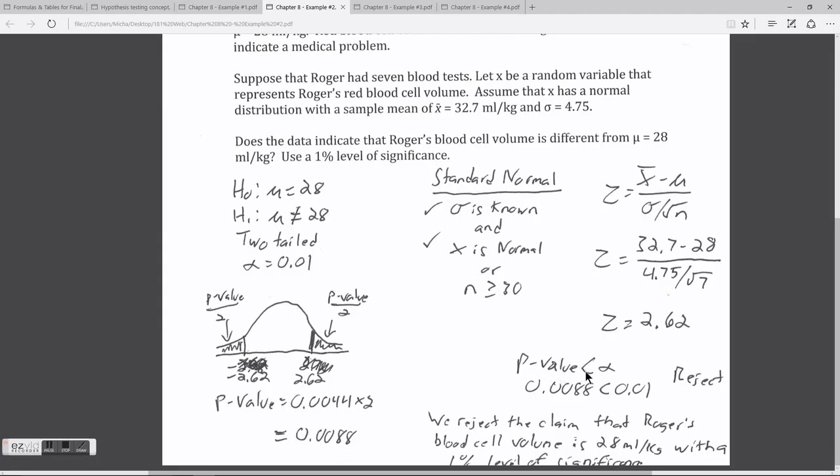Since that p-value is less than the level of significance I set at the beginning of the test, I'm going to reject the null hypothesis. There's less than a 1% chance I would be wrong in making that conclusion. I'm rejecting the claim that Roger's blood cell volume is 28 milliliters per kilogram. So it appears that there is probably something wrong with Roger.